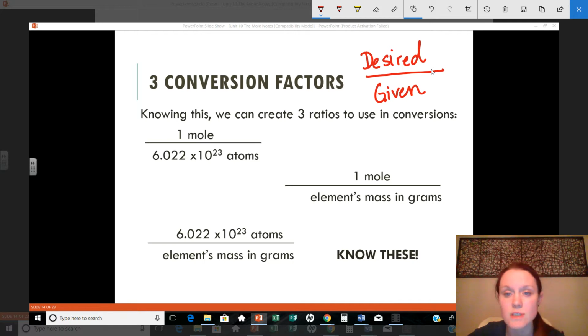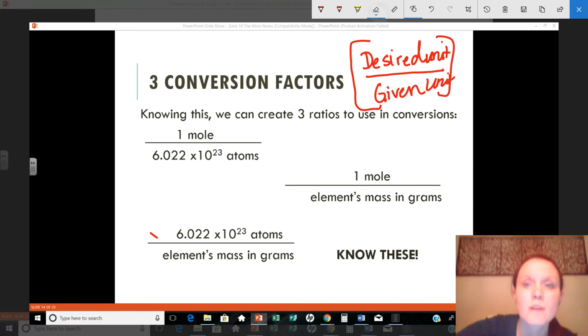Every single time. These three are common conversion factors that you will use, but they're not the only ones. So when you have to come up with your own conversion factor, come back to this. Conversion factors are always the desired unit over the given unit.